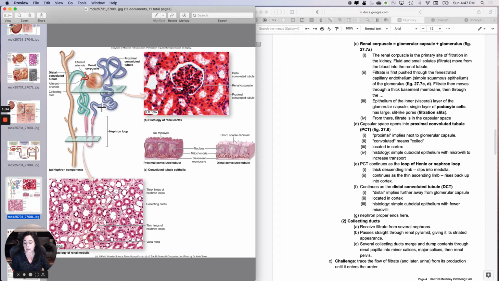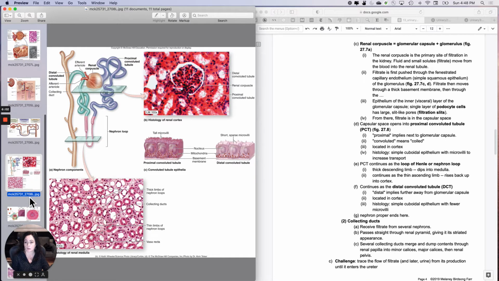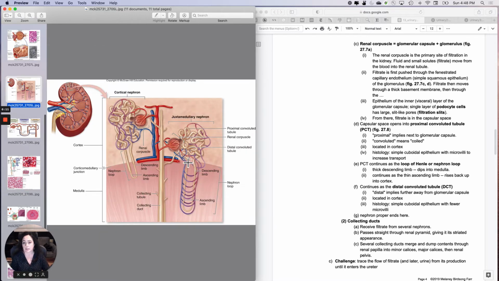And then what's going to happen is it's going to dip. It's going to go down and then back up. As it goes down and then back up, it's going to become what we call the nephron loop, or they used to call it the loop of Henle. The nephron loop, depending on how long it is, either dips really far into the medulla or stays mostly close to the cortex. It is primarily for water reabsorption.